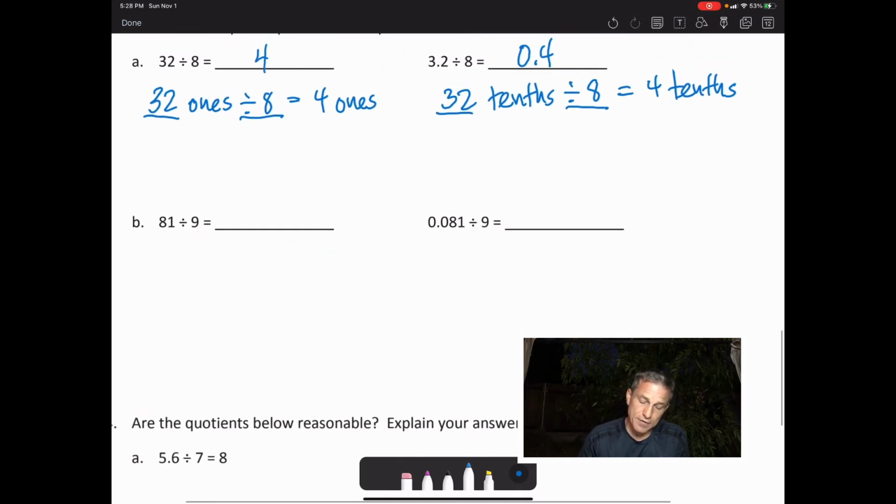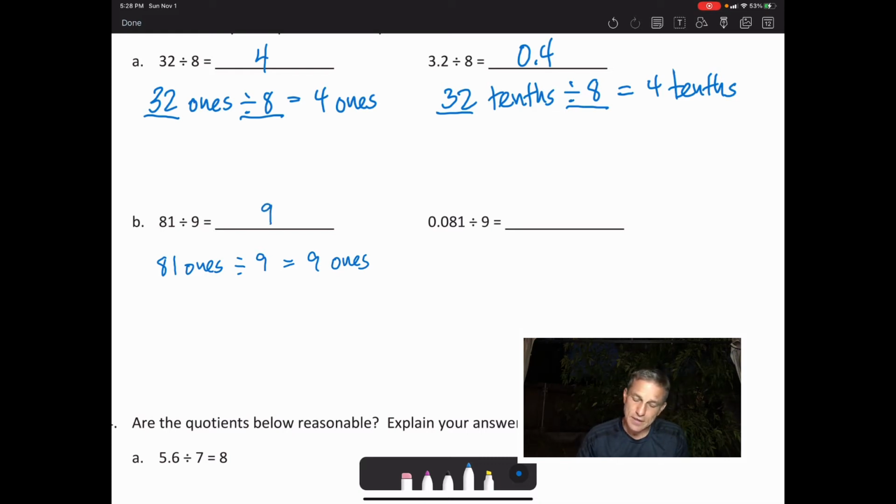We have 81 ones divided by 9 is 9 ones. So the answer would be 9.